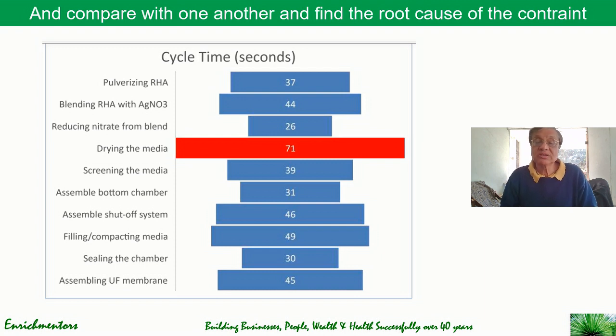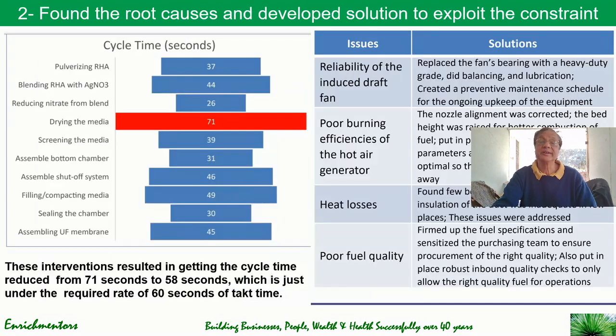The next long cycle time was filling compacted media at 49 seconds, right? So we now have identified the first step of identifying the constraint. Now let's look at the root cause of this constraint. What is causing this cycle time to be 71 seconds, and what can be done to reduce the cycle time?